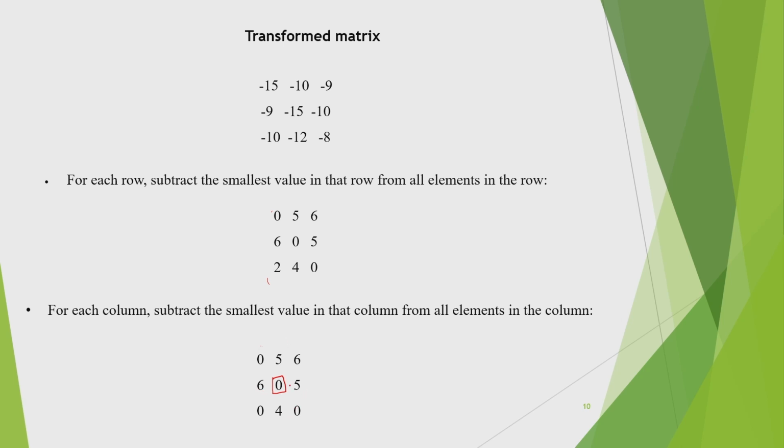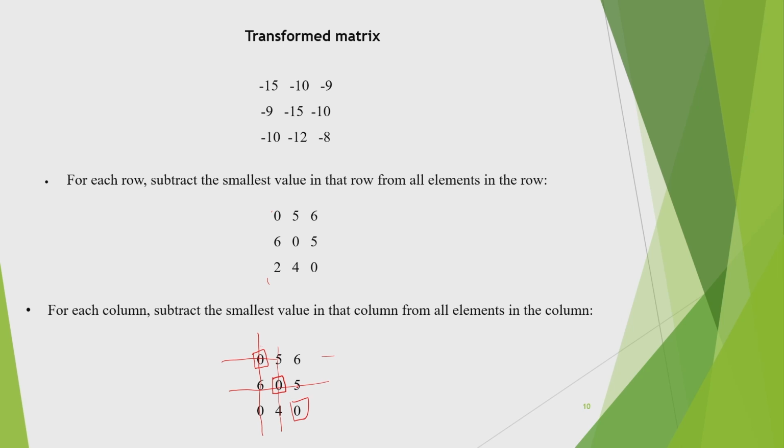Then once it goes, this row is already assigned, so it is not in the picture. Now you have only this one left. In the first row you have got only one 0, so assign it. Now you have assigned, so this goes and this goes. Then you don't have any option except to assign 3 here. Okay.